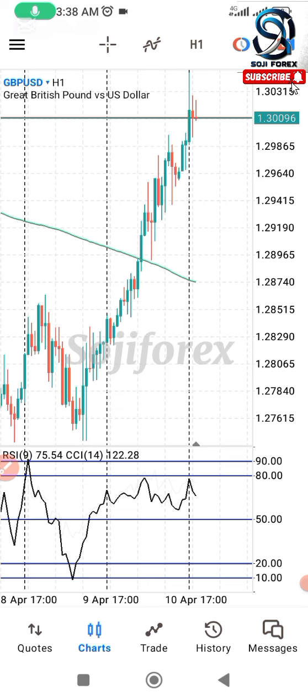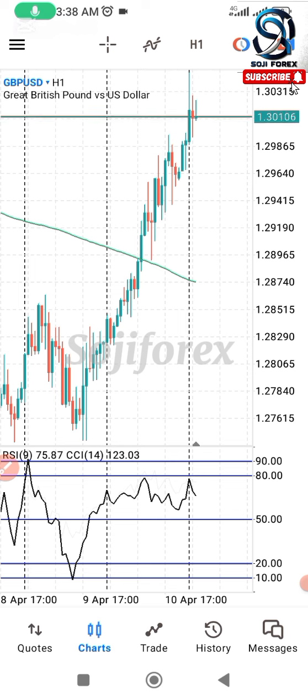You can call it a pin bar or a hammer candlestick formation, and I believe that before now you know what a hammer is and what a pin bar is all about. You won't be trading this pin bar in isolation.